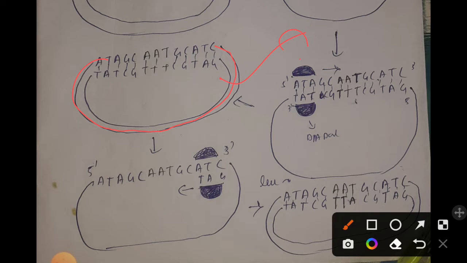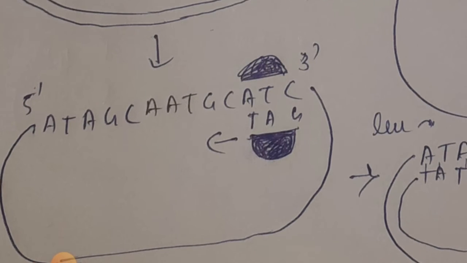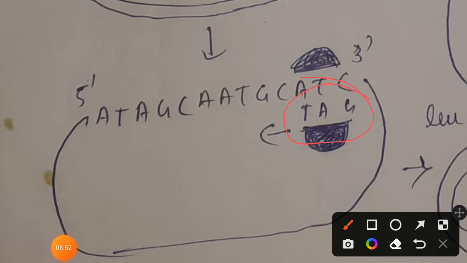Another important thing I want to mention is that we have to know the sequence of the oligonucleotide very carefully, because our goal will be to synthesize a 3' end specific primer. We all know that DNA polymerase does not perform de novo synthesis, it can only extend the 3' OH.